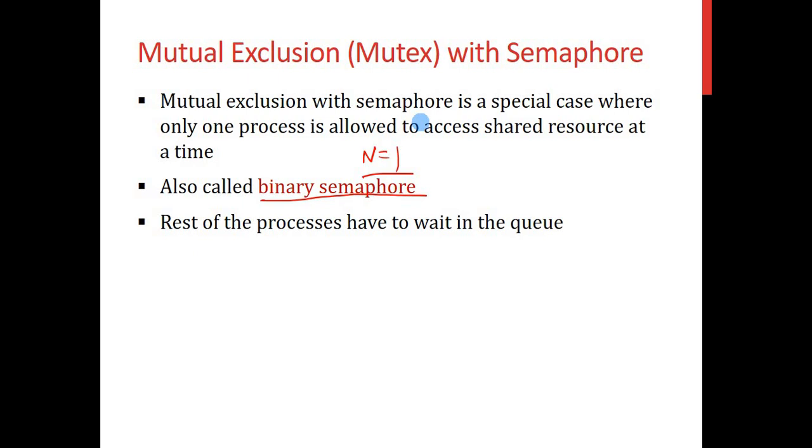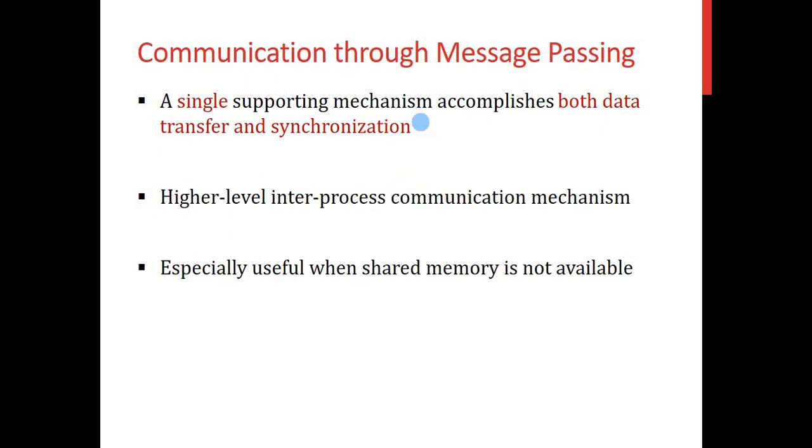Now let's look at communication through message passing. Communication, as I've discussed before: tasks, even though they are designed to run as if they own the CPU by themselves and are in essence independent, in a real system need to communicate with each other and send information to each other.